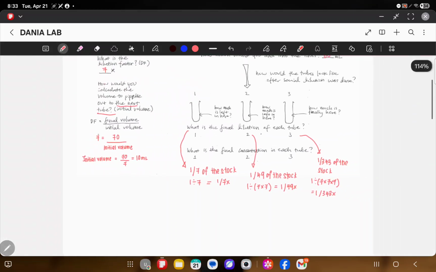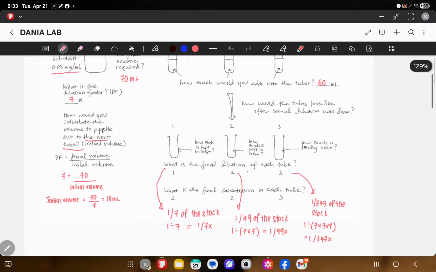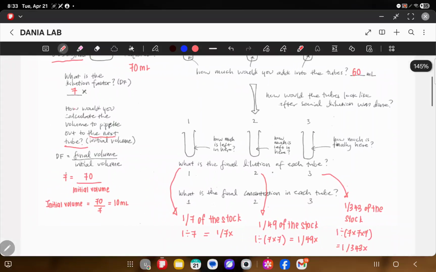So after serial dilution, the color becomes lighter with each tube. Tube 1 is dark blue, which is least diluted, tube 2 is medium blue, and tube 3 is a very light blue.